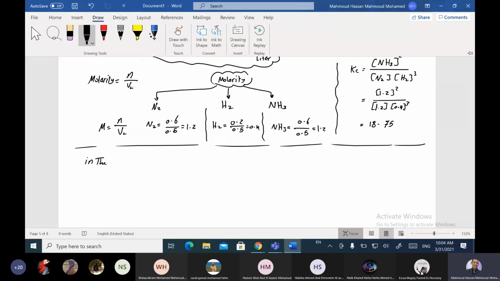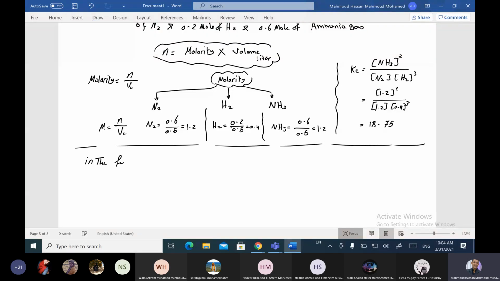Return back to another question. In the following reaction, the following data are recorded at 400 Kelvin.